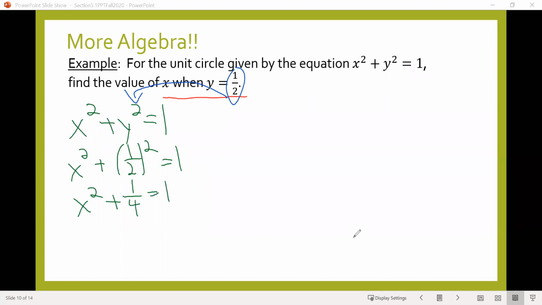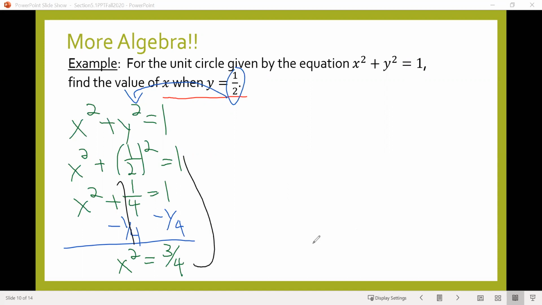And we can subtract 1/4 from both sides. And so we'll end up with then x squared equals, we do the 1 minus the 1/4. Keeping in mind our fraction rules, that would become 3/4.